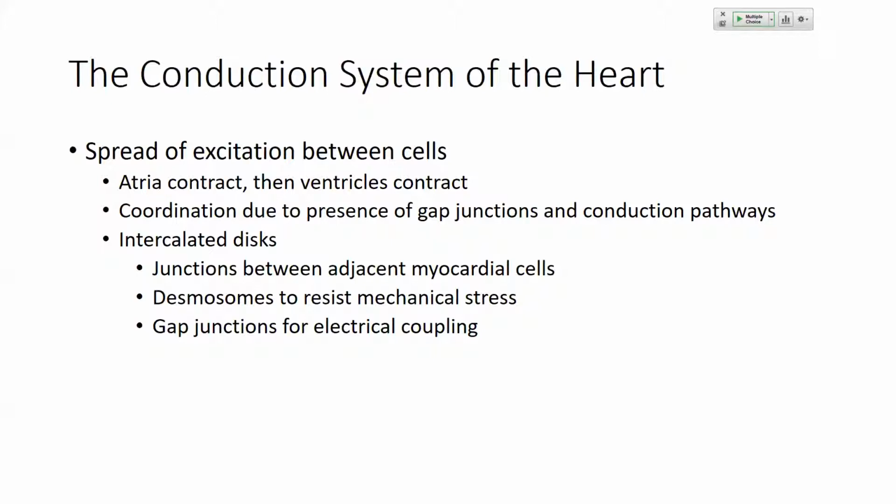And the presence of gap junctions, as well as the presence of desmosomes, is very important between these two cells. Desmosomes help to prevent whipping or tearing or any type of stress that's put on these cells as the heart continually empties and fills.